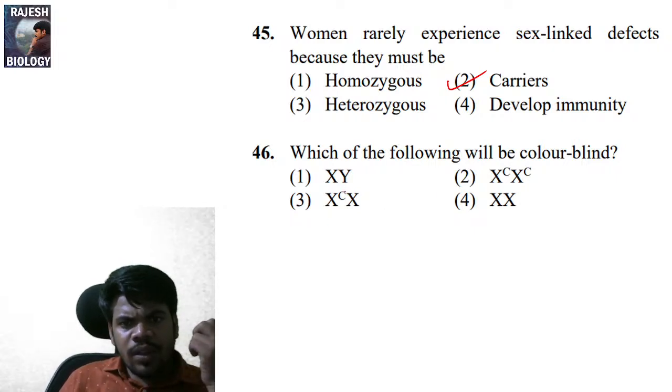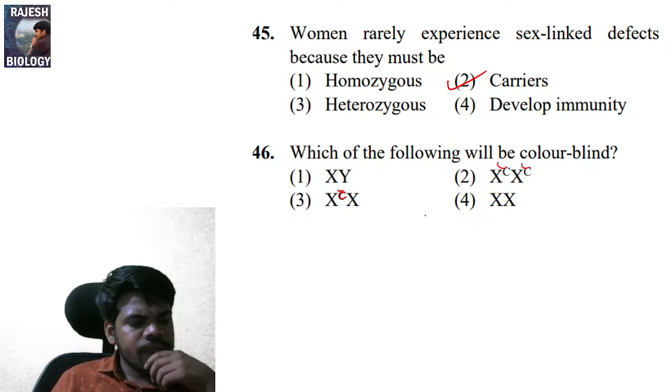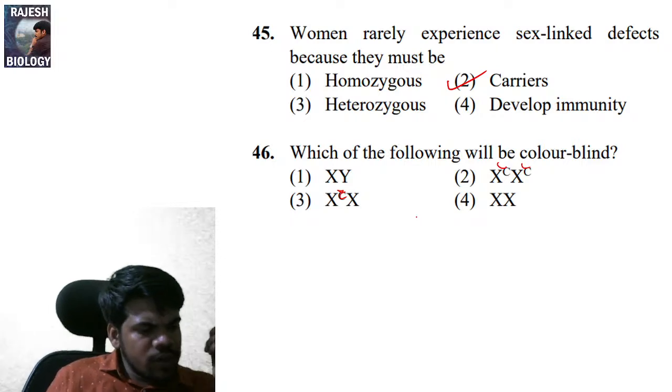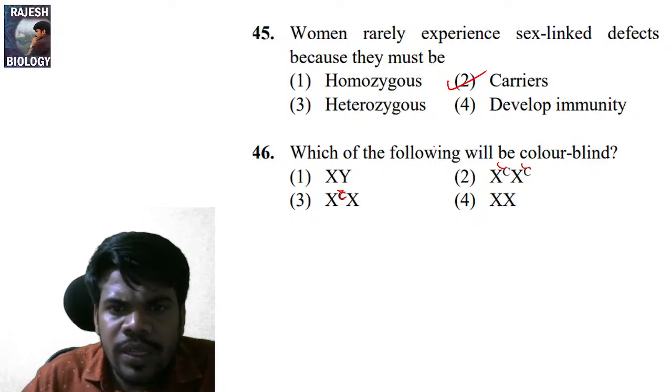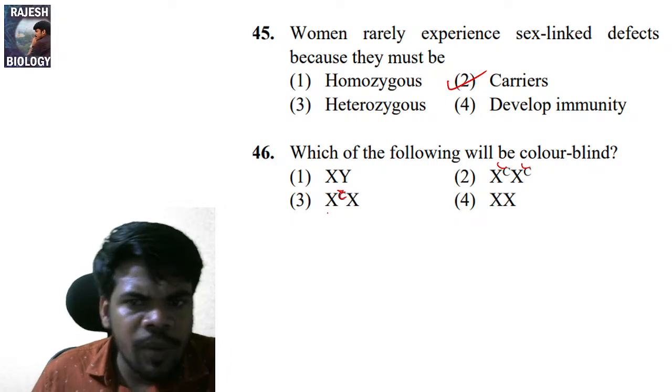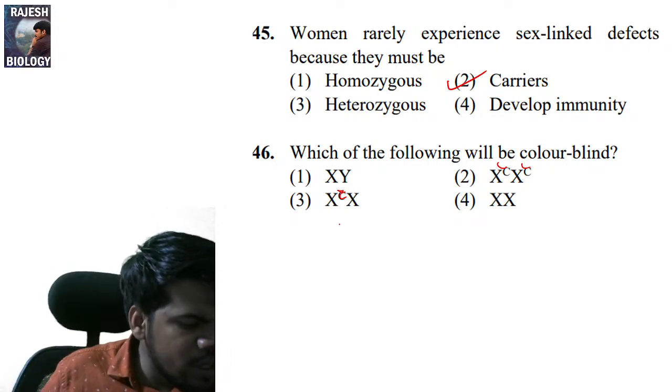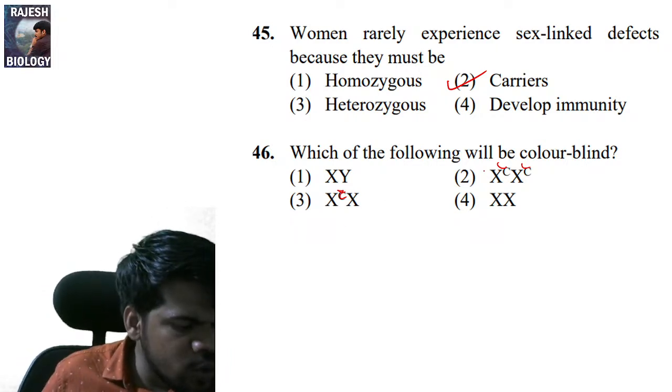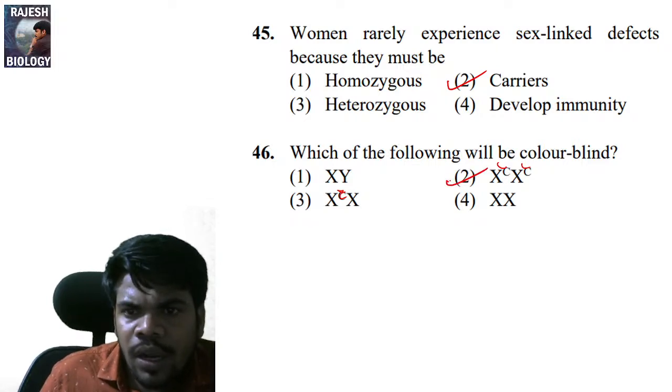And all they give are the small c's. It is a small c, it is a small c, it is a small c. 46th question. Chinnu, you are saying the third one is a colorblind woman. No, that is wrong. 46, option 2. Jnaneshwari, right. They are colorblind. It is carrier.